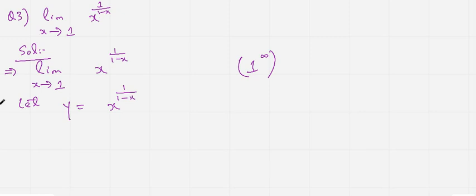Now we apply the log on both sides. We can apply any log you want, it could be log base 10, it could be a natural log. It's up to you, because in all kinds of logs we apply the same properties, so we have freedom. Once we do this, after that you apply the limit x tending towards 1.